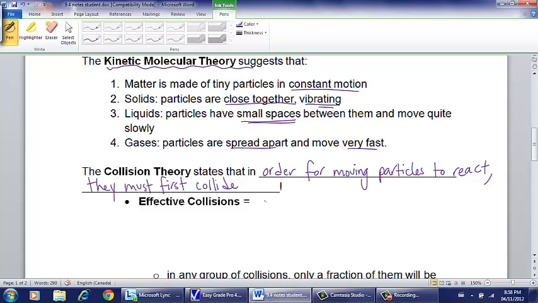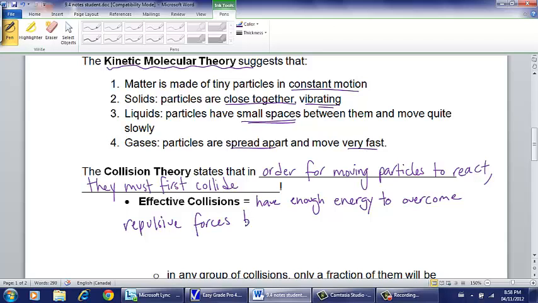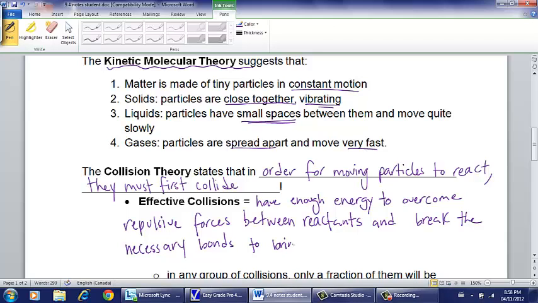So effective collisions have enough energy to overcome repulsive forces that exist between reactants and break the necessary bonds to bring about the reaction.